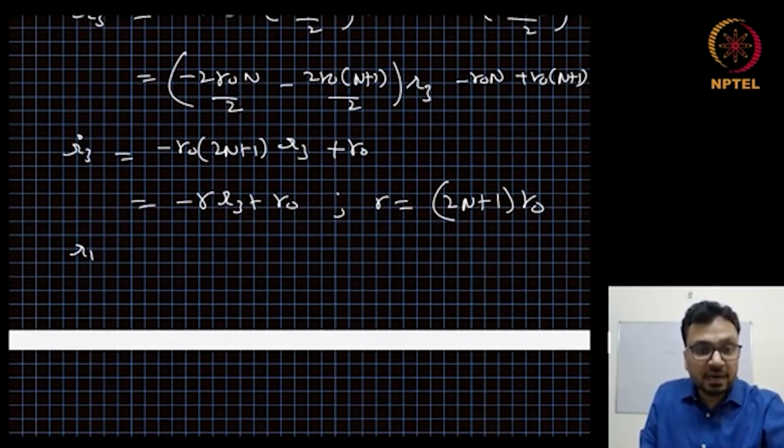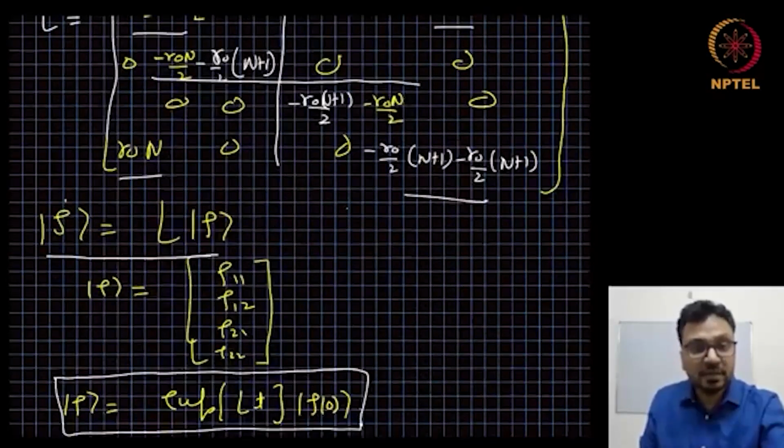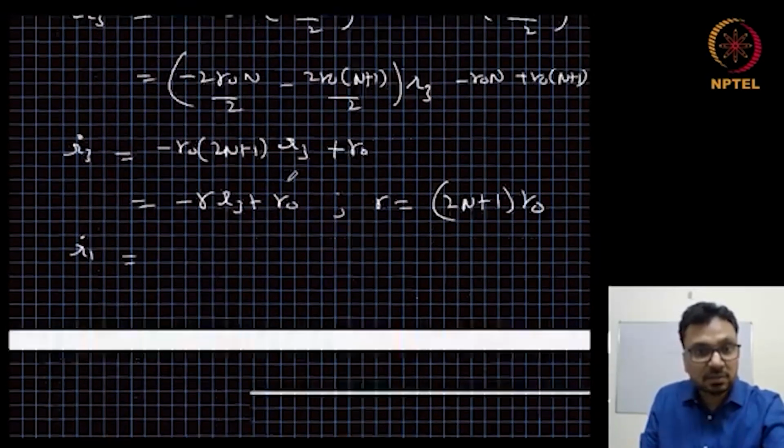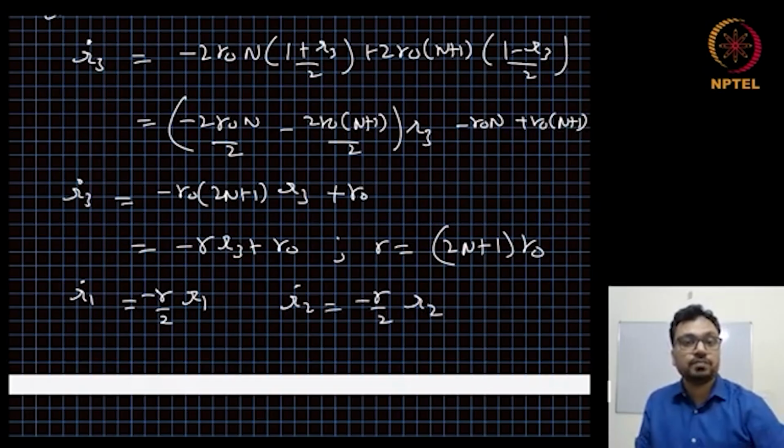And from the same equation, we can see R1 dot will be minus gamma over 2 R1, and R2 dot will be minus gamma over 2 R2.